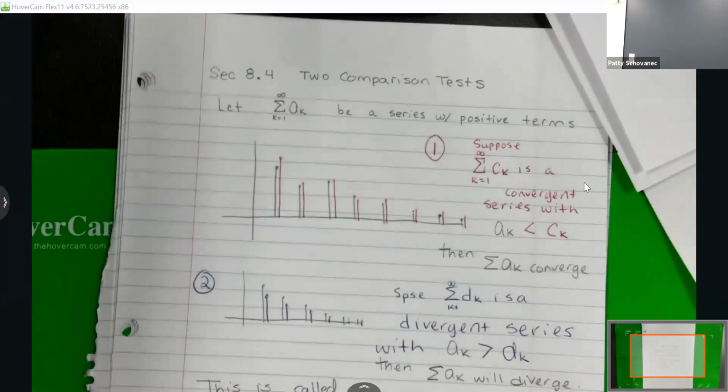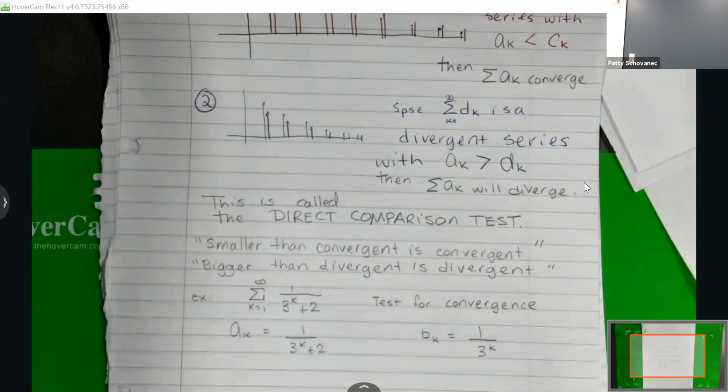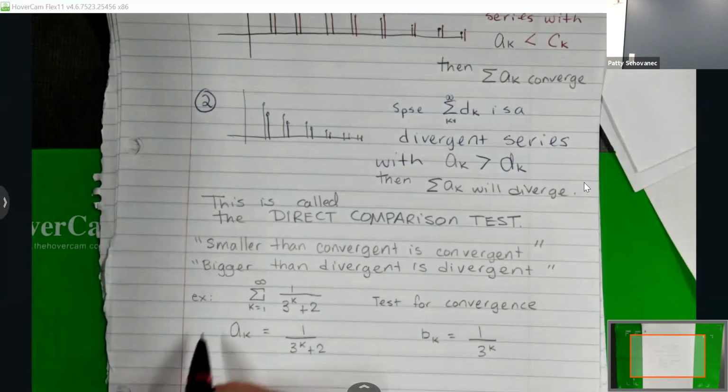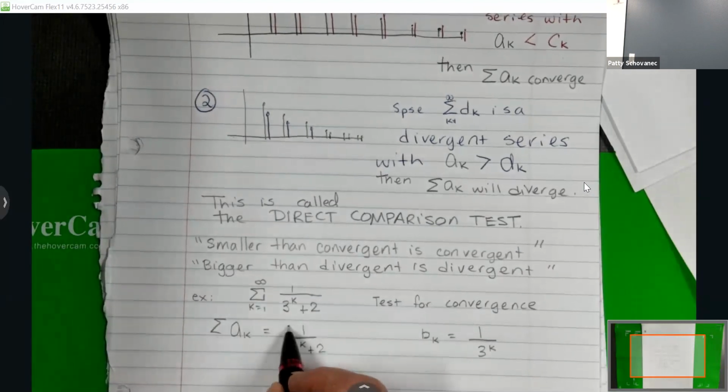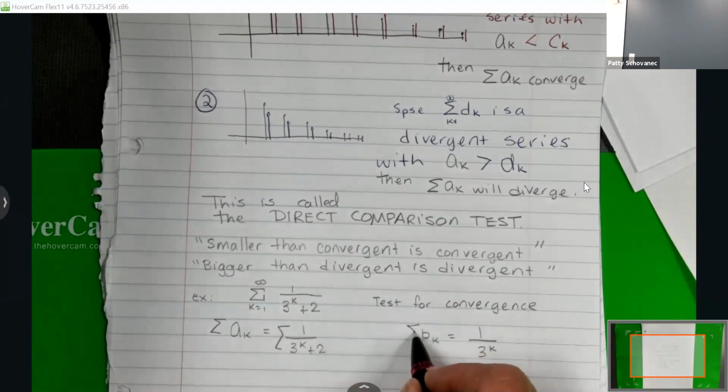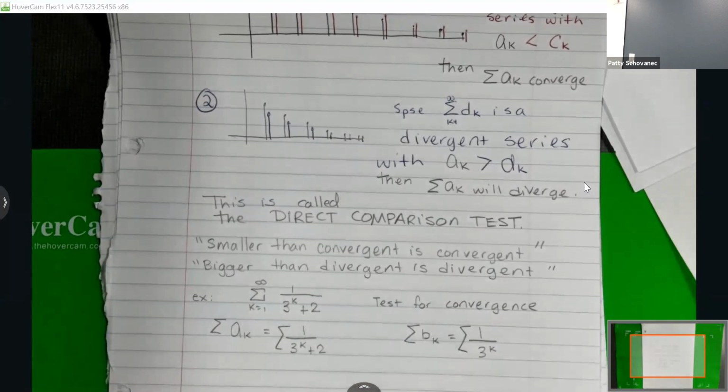And so if I wrote that as the series symbol out here, I have that this b_k is a geometric series. I've got a number raised to the kth power. 1/3 to the k is the same as (1/3)^k, because 1 to any power is 1.